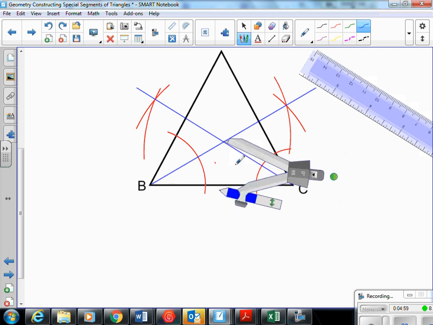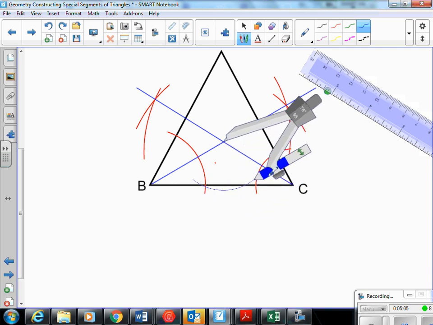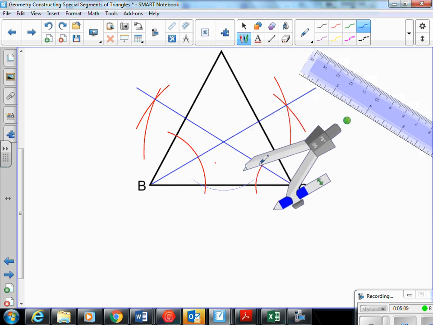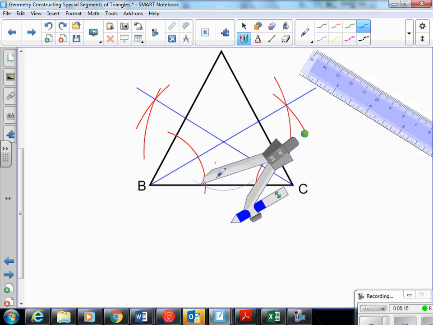So first step, open our compass up and make an arc that hits this side in two places. And then we go from each one of those intersecting points of the arc and the side, and we make an arc out here in the middle.